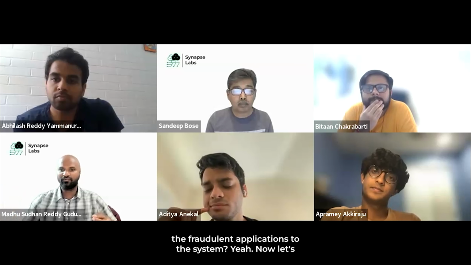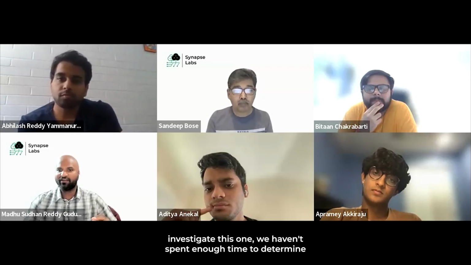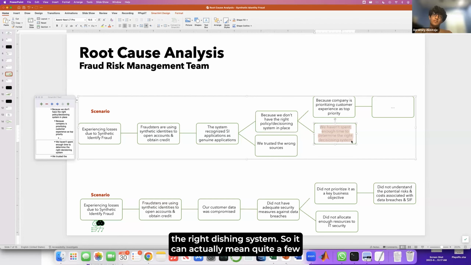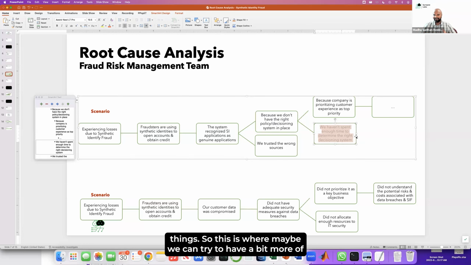Now let's investigate this one. We haven't spent enough time to determine the right decisioning system. So it can actually mean quite a few things. Let's say this is the leaf.